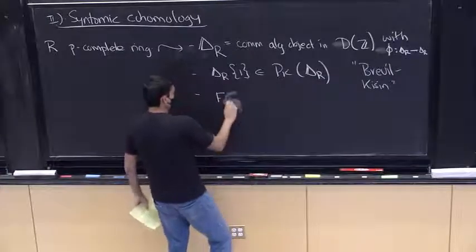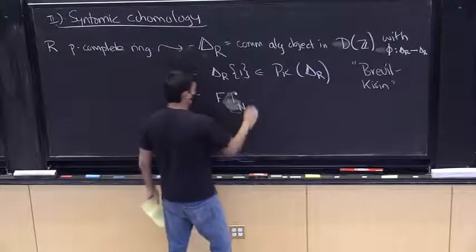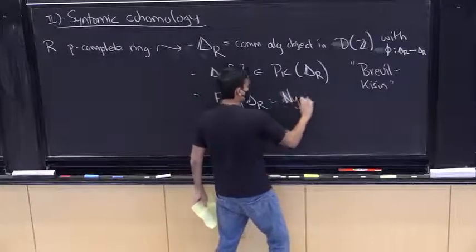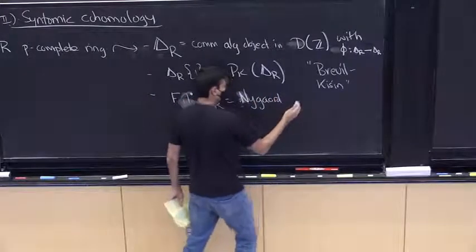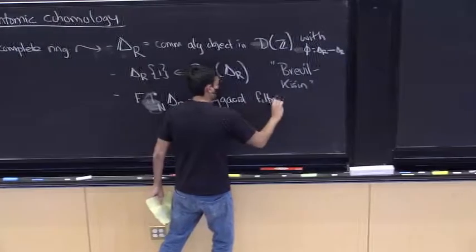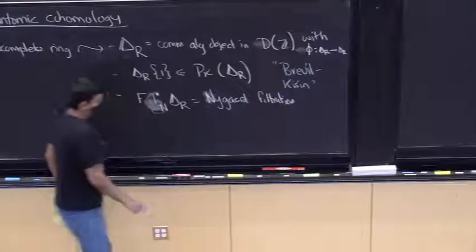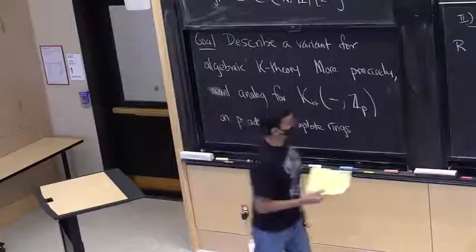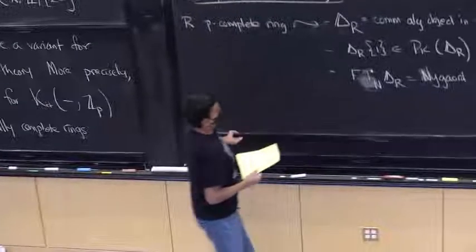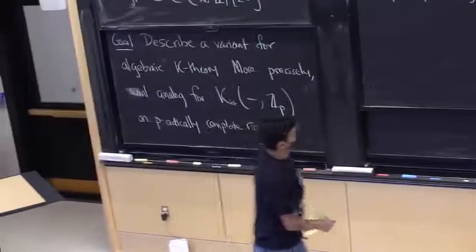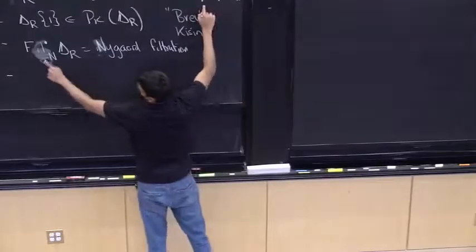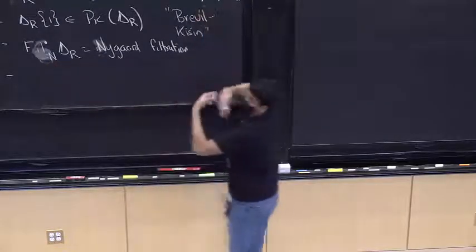So the filtration, which is called the Nygaard filtration, is rather useful. It plays the role of the Hodge filtration in the story. So if you're familiar with the Hodge filtration from complex geometry, this seems to be some kind of a p-adic analog of that. And these structures are supposed to interact in a certain way. And the way they interact, roughly, is that this Frobenius, if you restrict it to Fil^i, has a certain divisibility property.